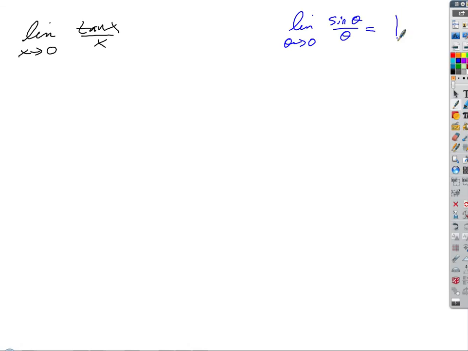It's 1. I'll prove it to you tomorrow. That's the one we use the vast majority of the time, and if you want to see these again, the two special trig limits are on page 62 in your textbook.